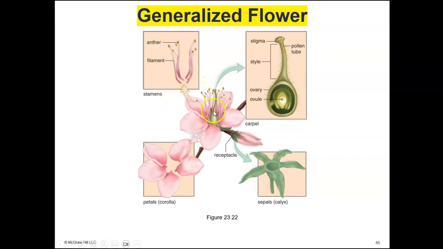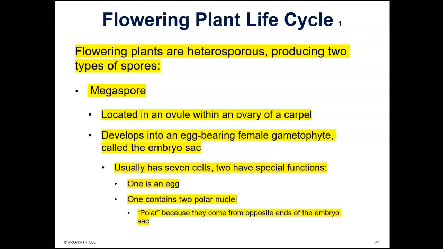And then you have one carpel, and that carpel has a stigma, which is where the pollen lands and sticks because it's sticky, a style, and an ovary, and inside the ovary is the ovule or ovules, which contain the egg. The ovule will eventually become the seed. The ovary will eventually become the fruit. Let's see, flowering plants are heterosporous, so they produce megaspores and microspores.